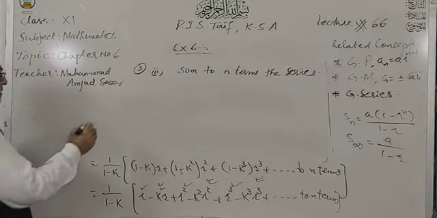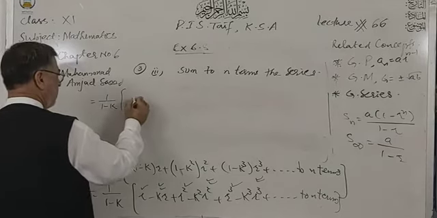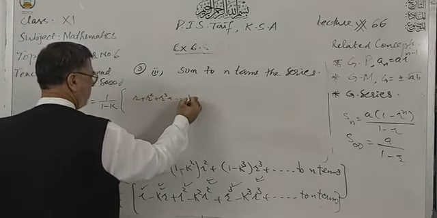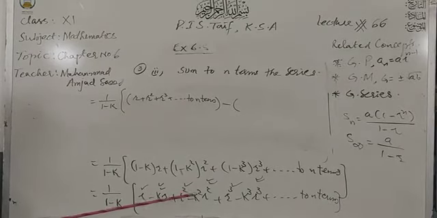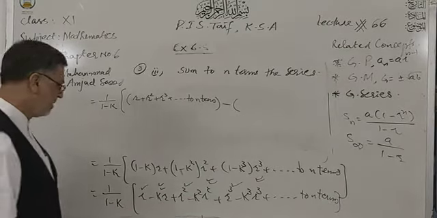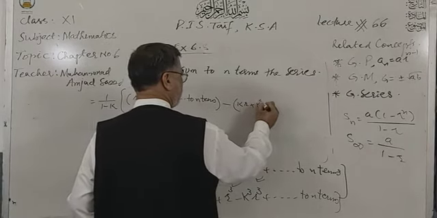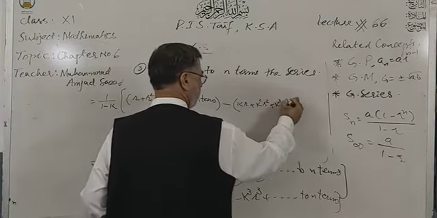Here we have 1 over 1 minus k into r plus r squared plus r cubed plus so on to n terms. Then take minus common from the second, fourth and sixth terms, and we are left with kr plus k squared r squared plus k cubed r cubed plus so on to n terms.